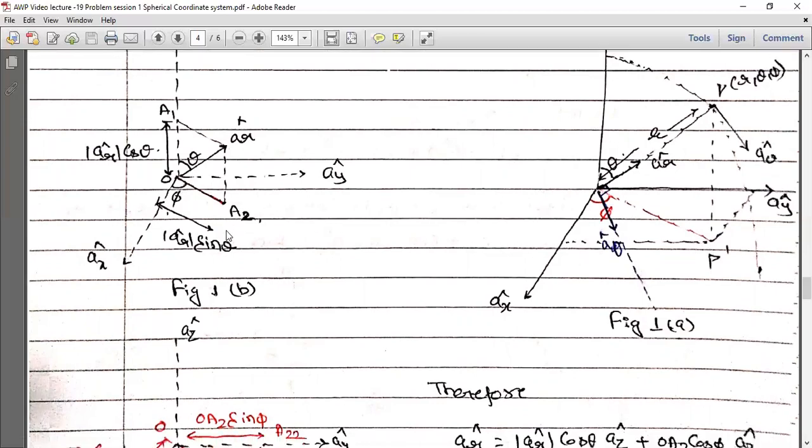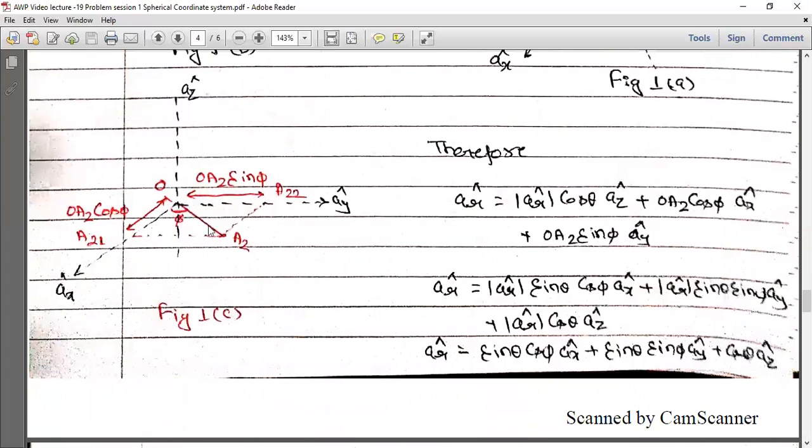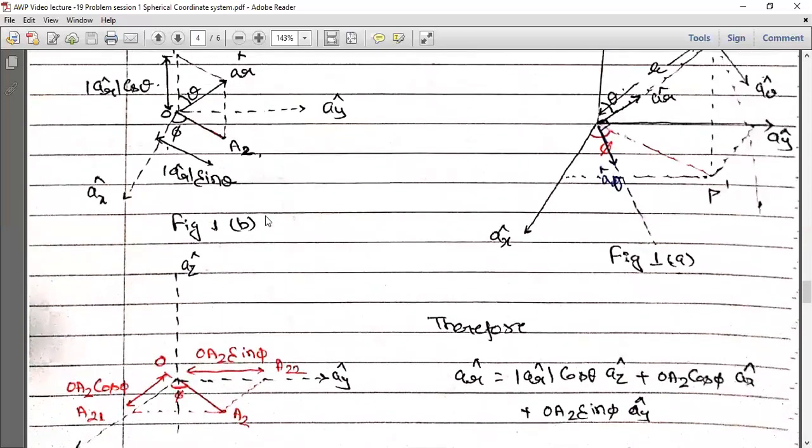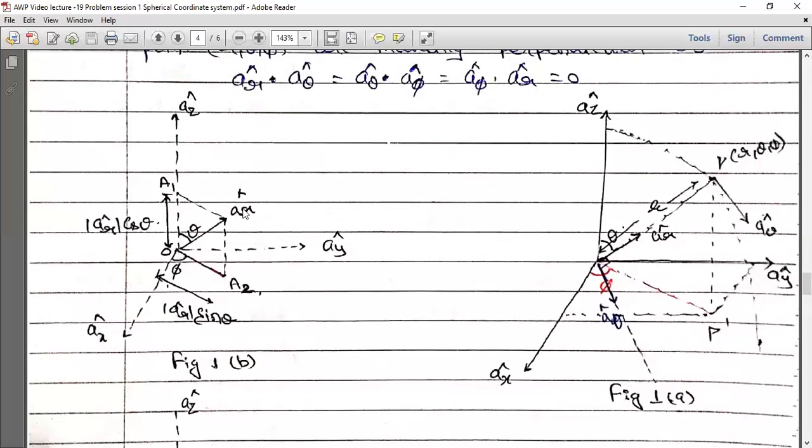Now what we do, we resolve this OA2 into two components again. One is along the x-axis and one is along the y-axis. Since the angle here is phi, the component along the x-axis will be equal to OA2 cos phi, and the component of OA2 along the y-axis will be OA2 sin phi. I hope there is no problem in that. First of all, we resolved AR cap into a component along the z-axis and another component in the xy plane.